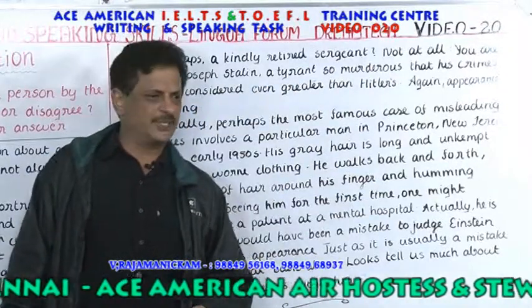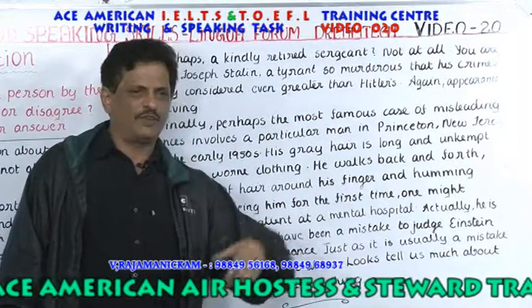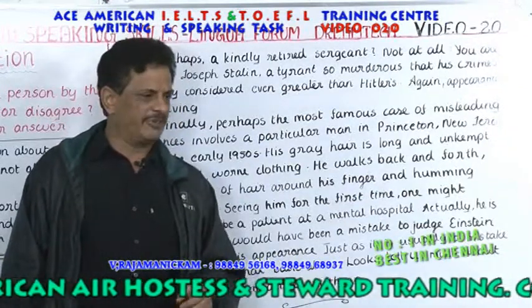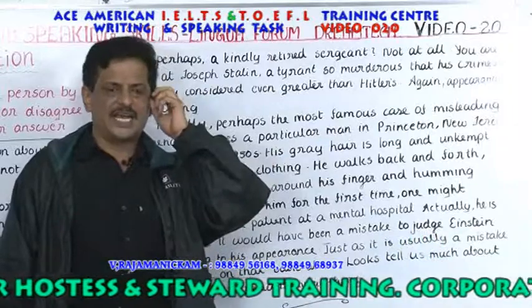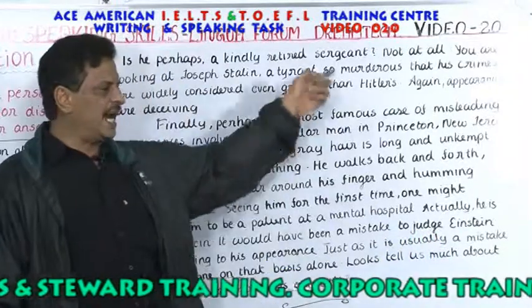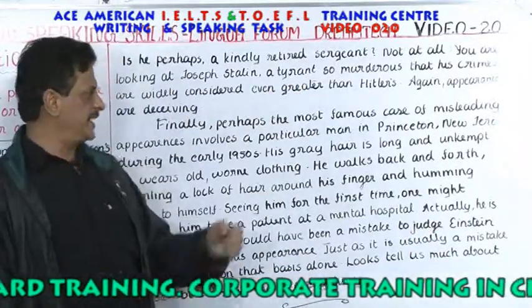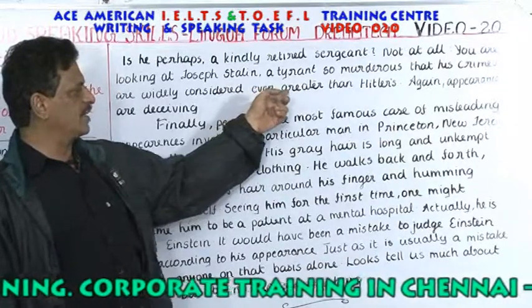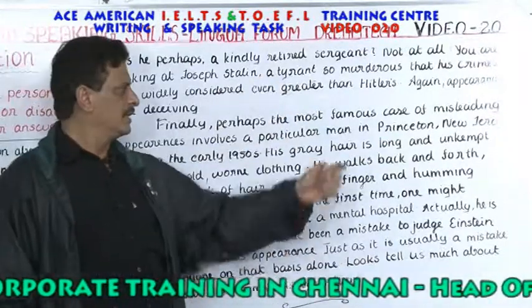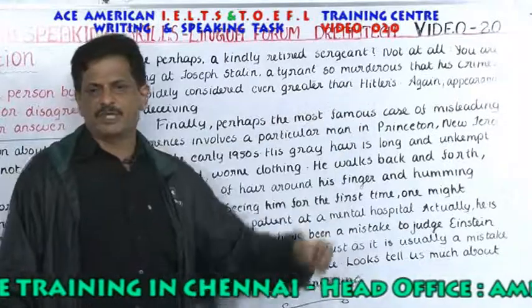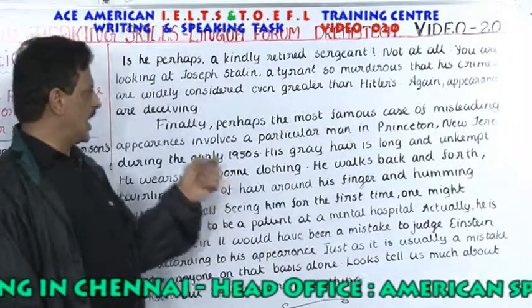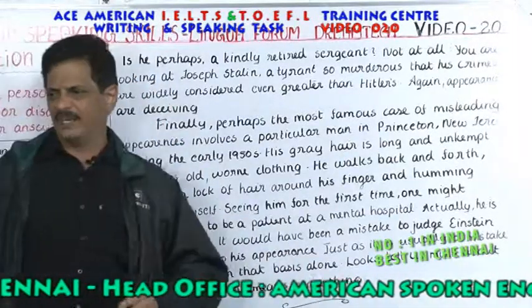Hitler, of course, killed the Jews. Hitler fought wars with many countries and even tried to kill Russia. He waged a war. But Stalin's tyranny and all the evil things, how many murders he has done because of his orders is something more than Hitler's. So again, appearances are deceiving.